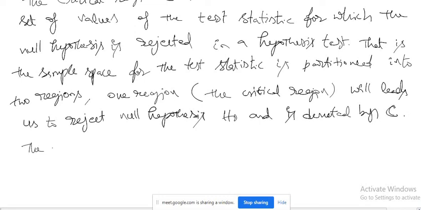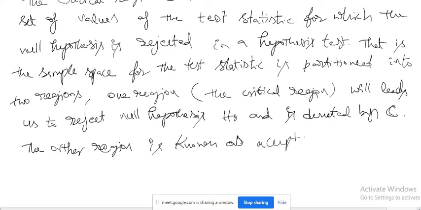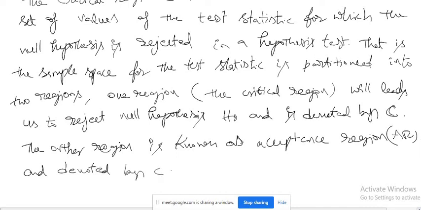The other region is known as the acceptance region, AR, and denoted by C dash.